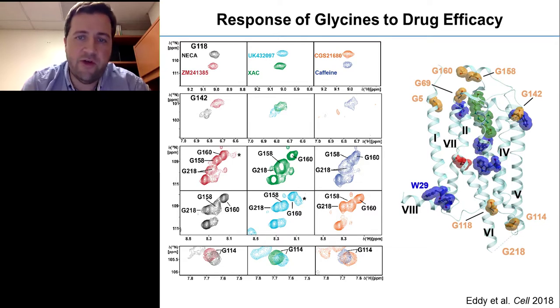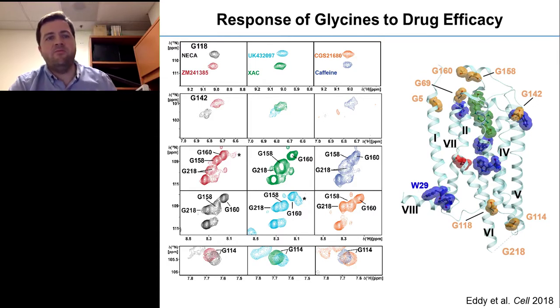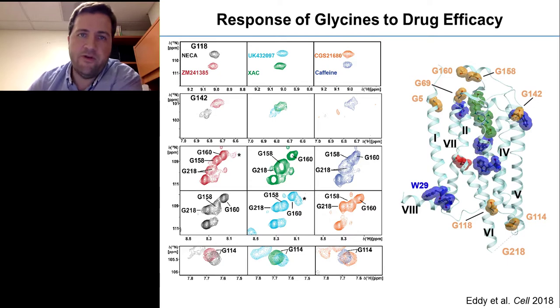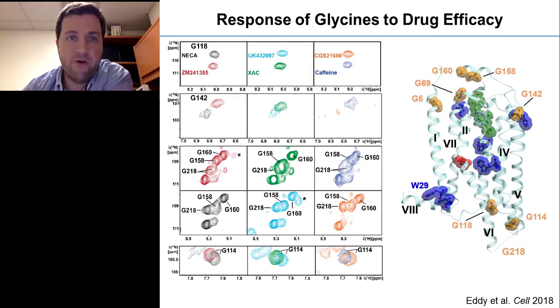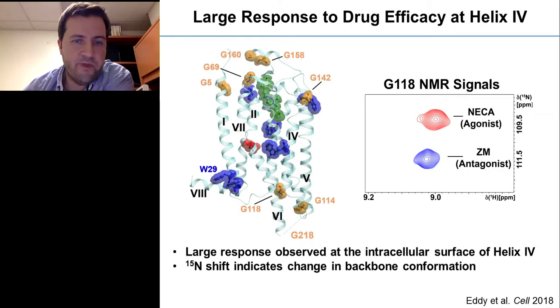We also see changes for glycine 142, which is located on the intracellular surface as well, as well as changes for glycine 218 and 114. I will get further into detail for those in the subsequent slides as it relates to function.